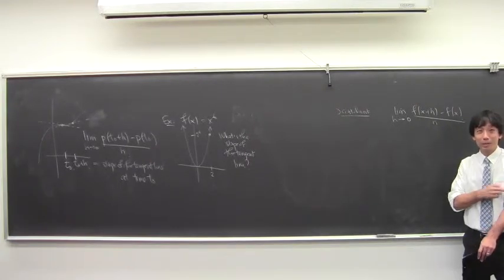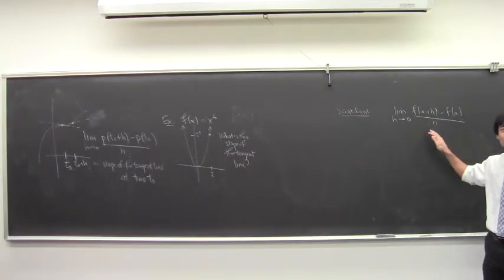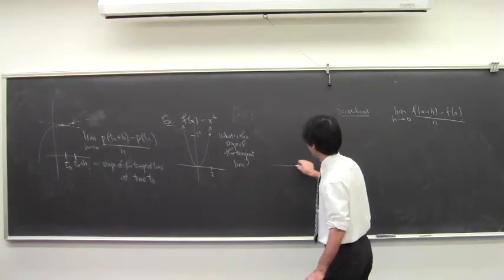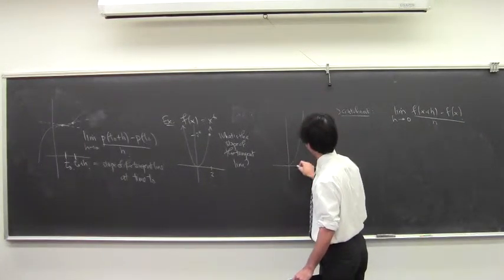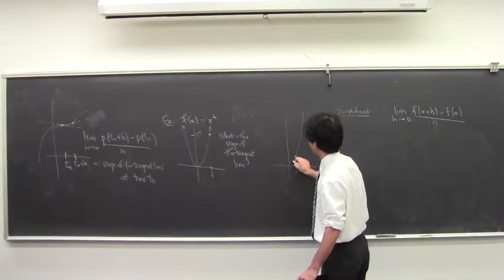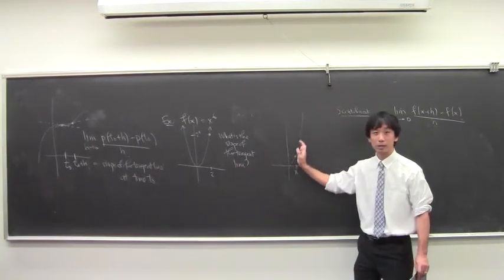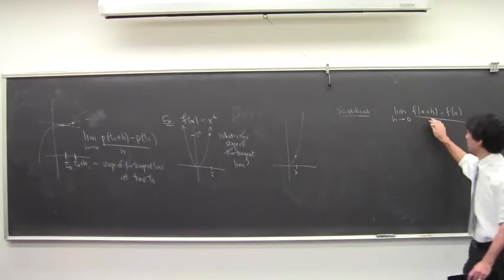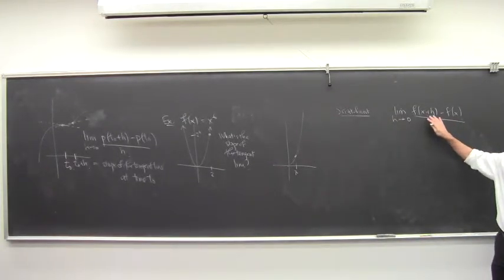So I'm going to do this in a slightly more general way than probably you did it. I'm going to look at not just 2, but at some point x. How would I figure out the slope at that point x? Well, you need to look at the limit of the slopes of the secant lines.